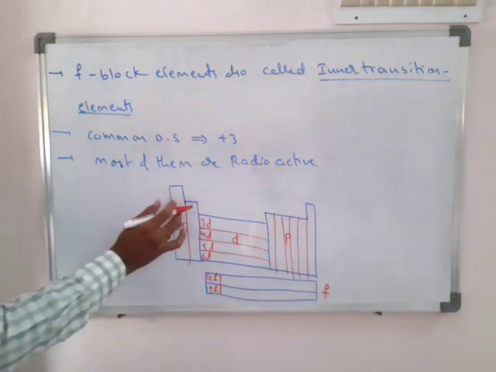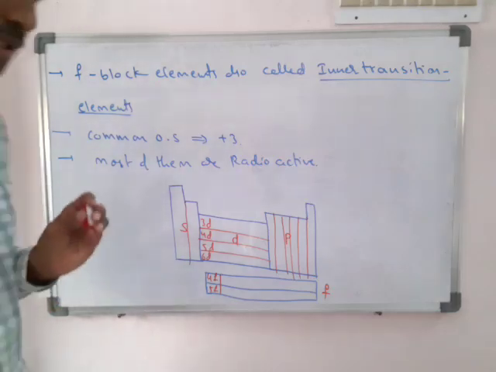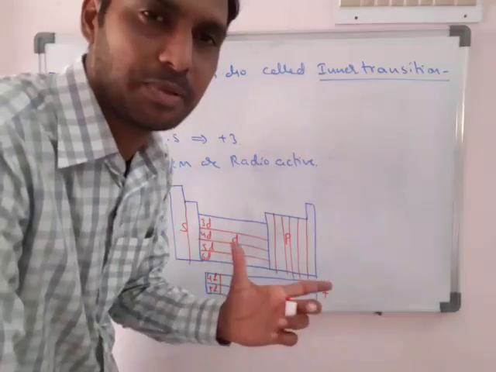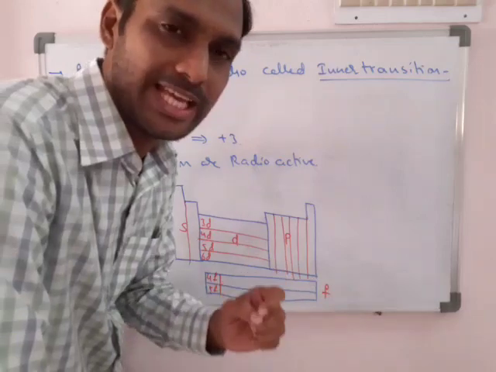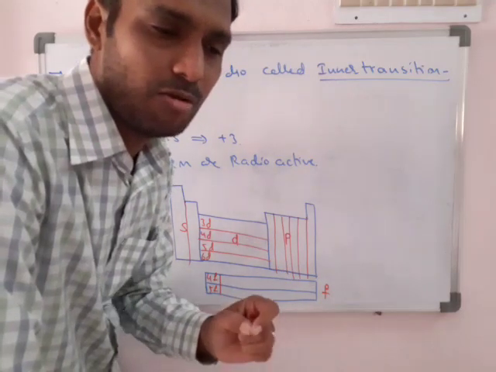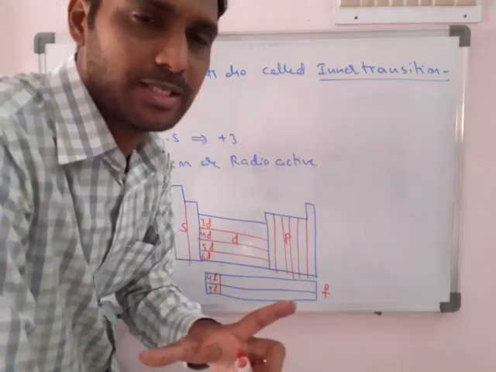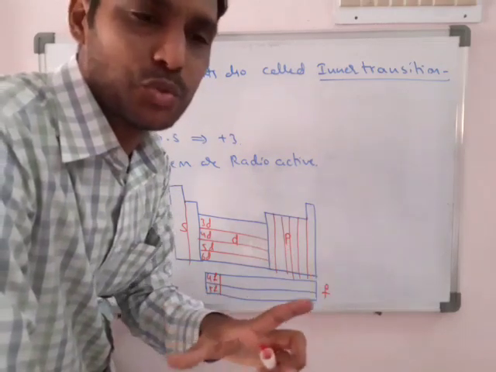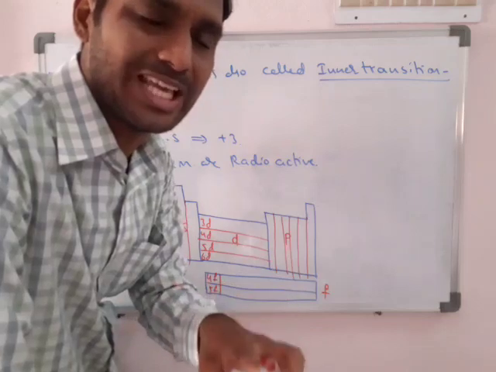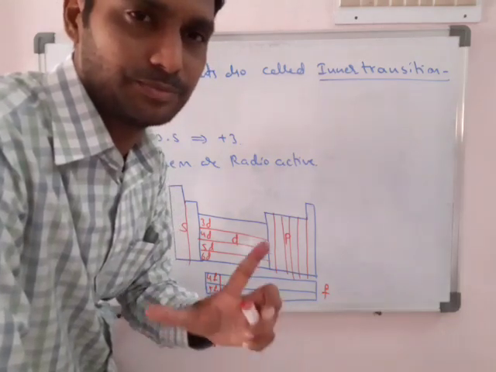Here only 2 groups are present. This was the total information about the SPDF blocks. At last, again I want to say that you have to be perfect in the total 104 elements. You must know the names and positions in the periodic table.